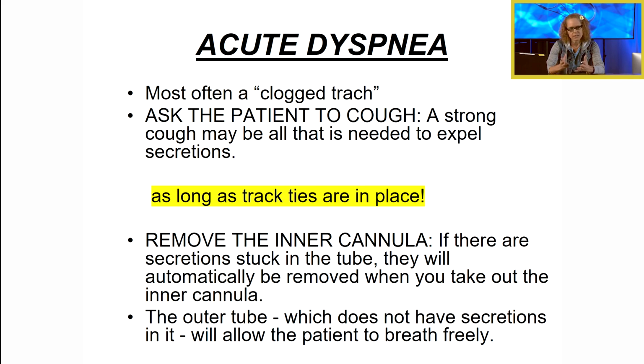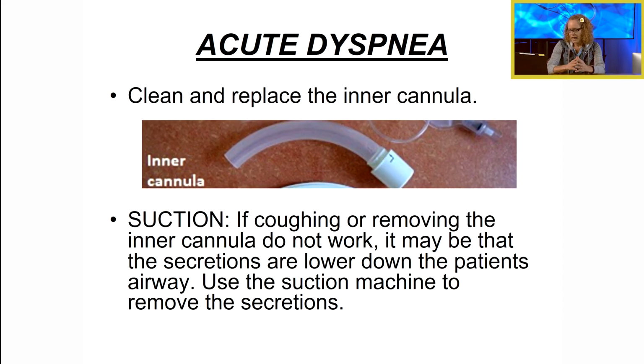If there are secretions stuck in there, we can remove them, clean out that inner cannula, and then reinsert it. The outer tube, which does not have secretions in it, will help allow the patient to breathe freely. All right? So sometimes we need to clean and replace that inner cannula, or we need to do suctioning.